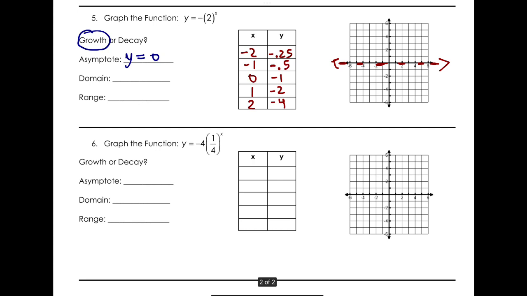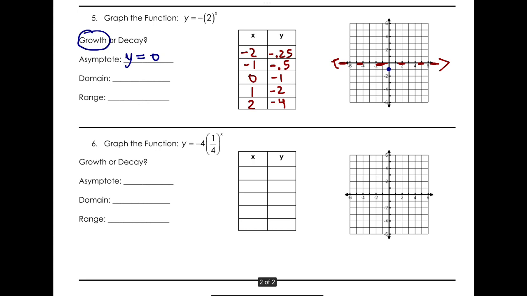Now remember, because it's negative out here, I know that my asymptote is going to be at the top of the graph, so it's going to be a roof. Because it's negative, this will now become the roof. So let's graph. We have 0 and -1, which will be right here.